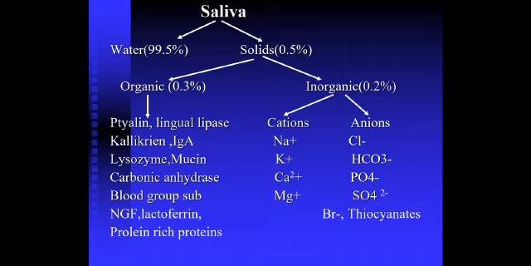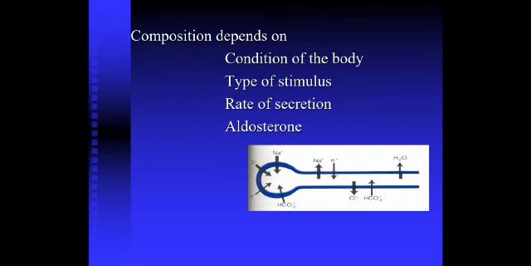Sodium, potassium, calcium, magnesium are the cations; chloride, bicarbonate, phosphate, sulfate with thiocyanates are anions.